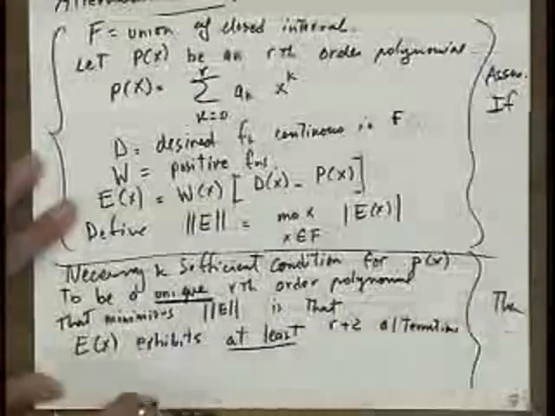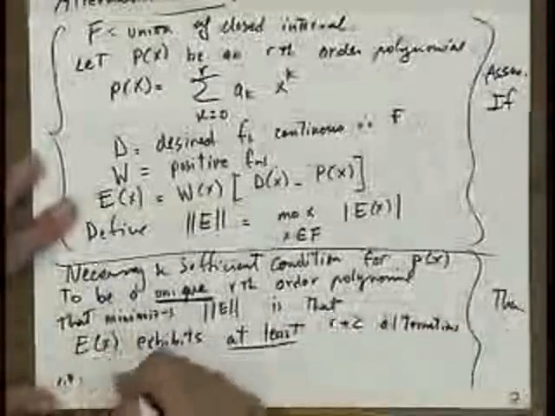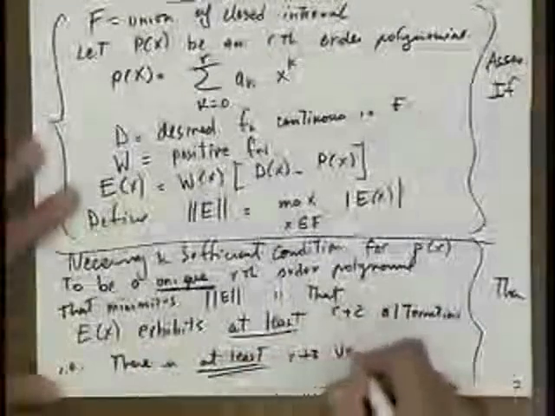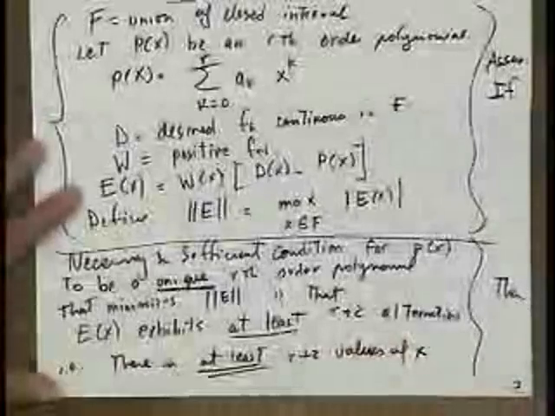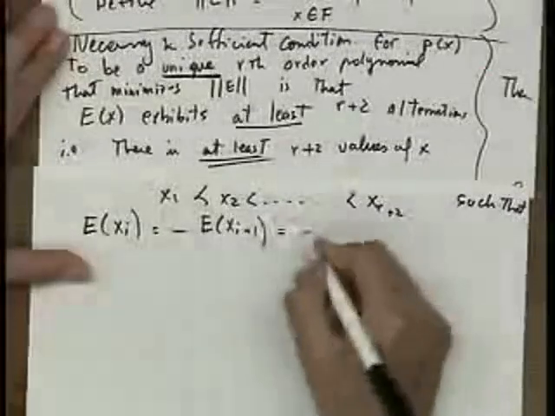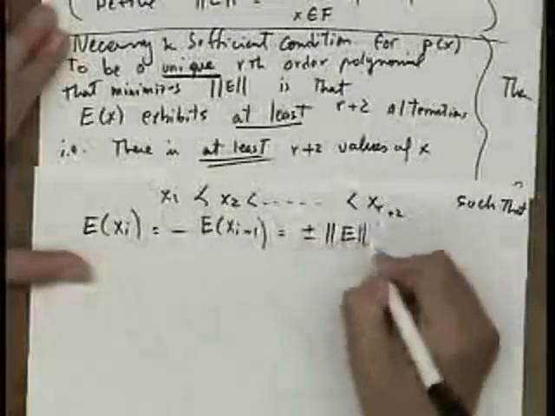And I'm going to define what alternation is, i.e., there is at least r plus 2 values of x, which I'm going to define by x1 smaller than x2, all the way to x r plus 2, such that these are the r plus 2 values of x. That is what I mean by alternation. E evaluated at x sub i is always negative of E evaluated at x sub i plus 1, and is equal to plus or minus norm of E.